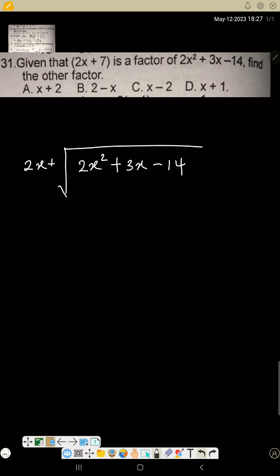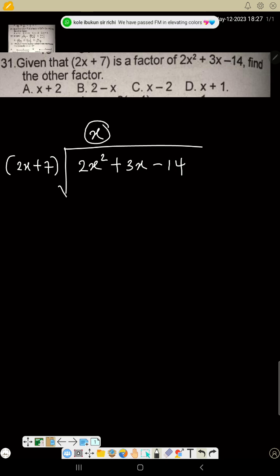So we have 2s plus 7 outside. If 2s plus 7 is a factor, to do this, you will say this 2s squared divided by this 2s. You see 2 will cancel out, s will go, it will remain s. So 2s squared divided by 2s is s.